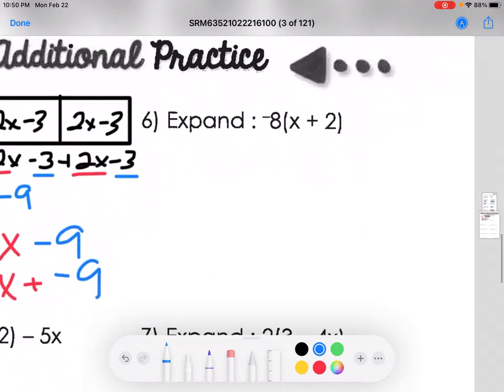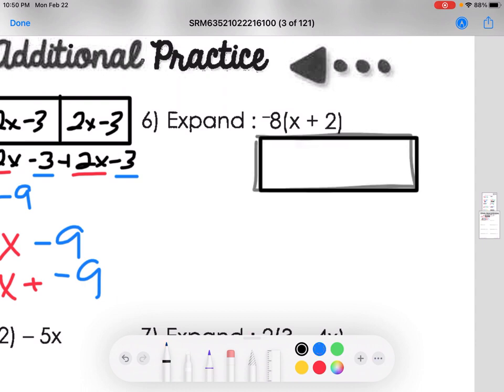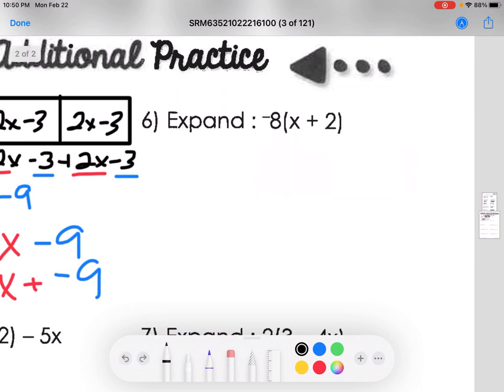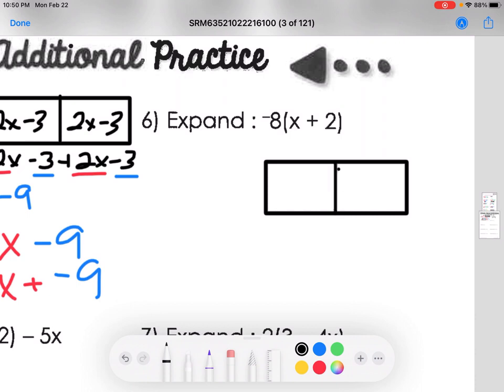So I'm going to go ahead and just go to number 6. So I'm going to use the box method again. I have 2 terms inside my box. So I'm going to split it in half. I have x and positive 2.